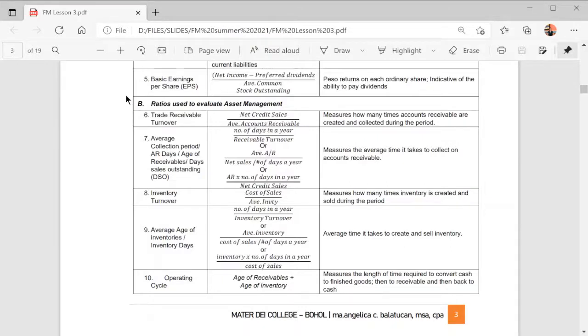But if it is a multiple choice problem and the given is silent, you try 360 and 365 and whatever matches the choices, then that is the number of days. Okay? It's okay because it's multiple choice.